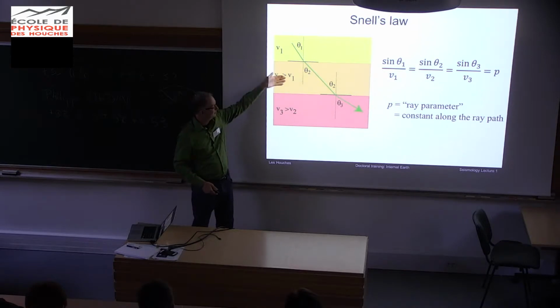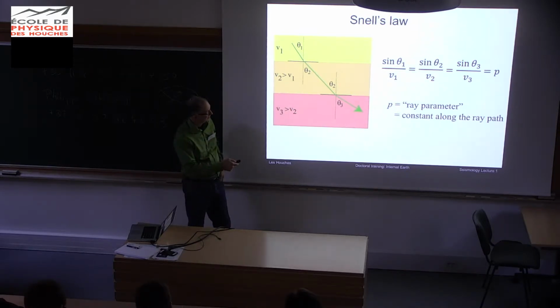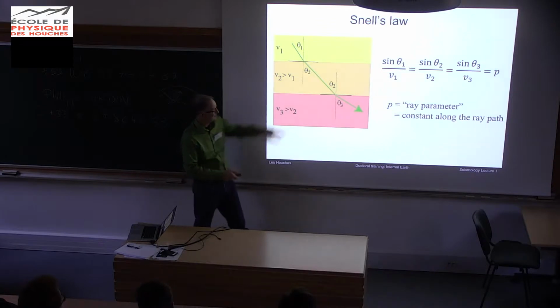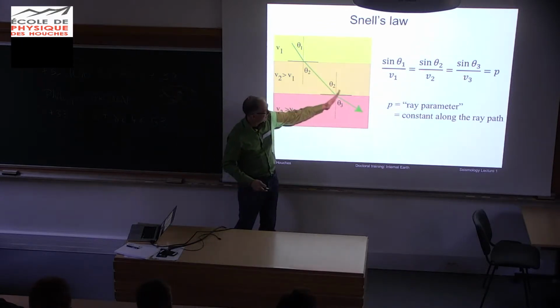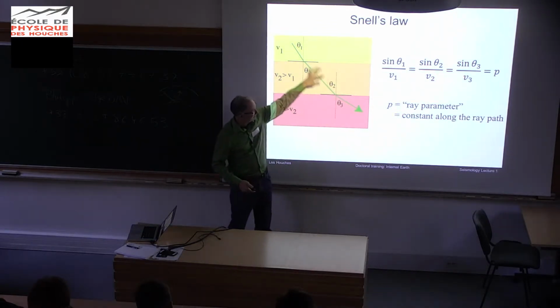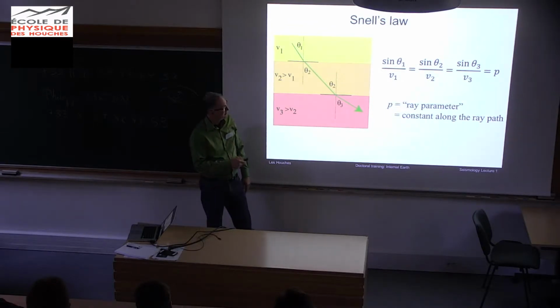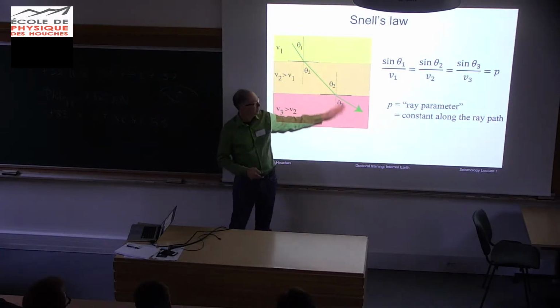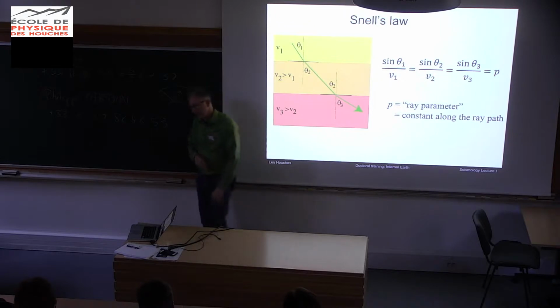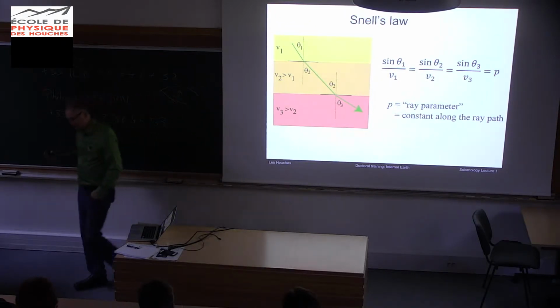In this case, the velocities are increasing with depth of the waves, and so you have this relationship of the geometry, again, of the ray path. I could just have straight lines if you wanted to see the plane waves in these constant property layers. And since it's constant along the ray, we give it a name, a ray parameter.